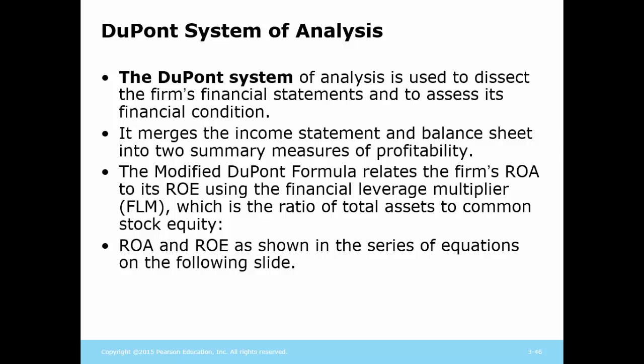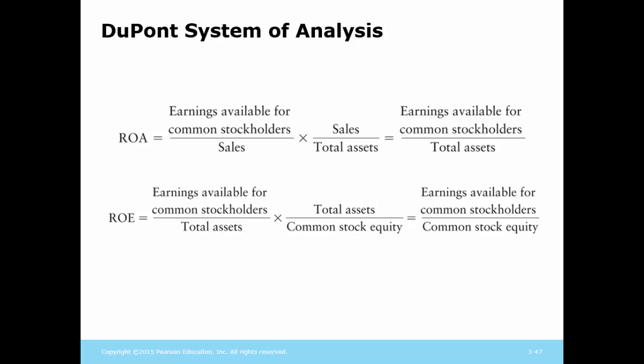And the final thing we want to talk about is something called the DuPont System. Essentially, it's a very simple analysis that breaks down return on equity into some component parts, if you will. So the return on equity of the company is the earnings available divided by sales. Well, this is essentially our net profit margin.